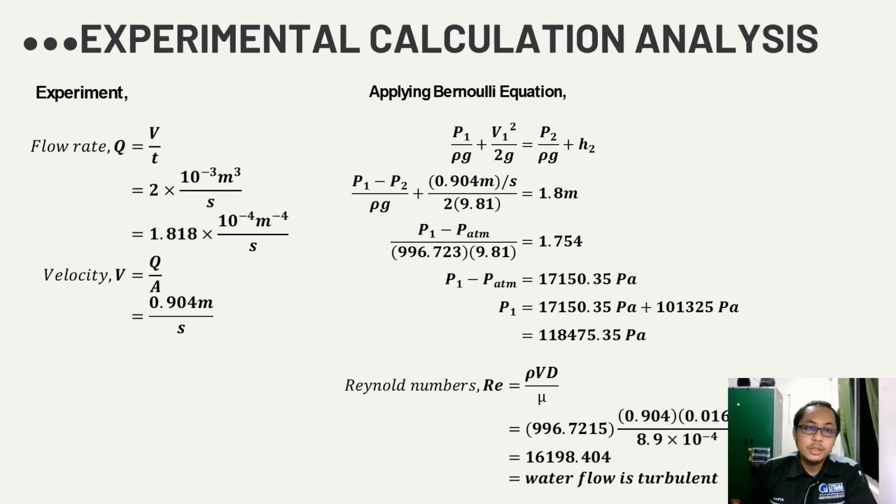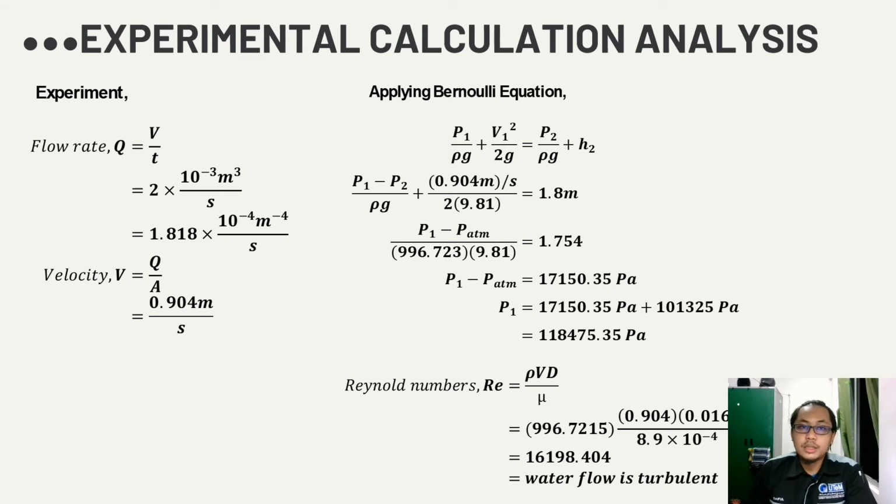There's some typo here. After that, we find the velocity of the moving fluid by dividing the flow rate by the cross-sectional area of the pipe, and we found the value 0.904 meters per second.